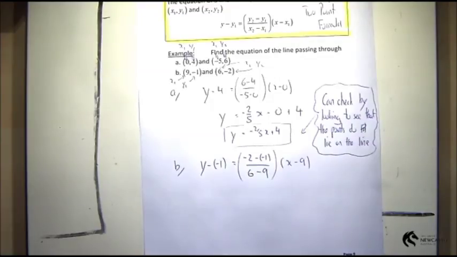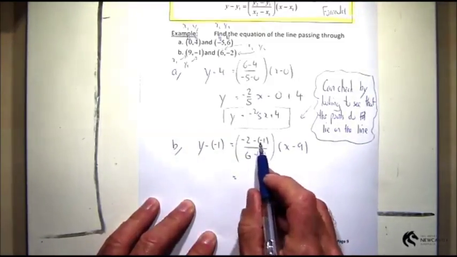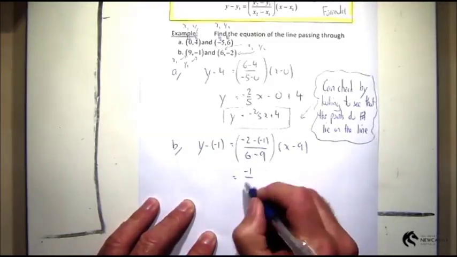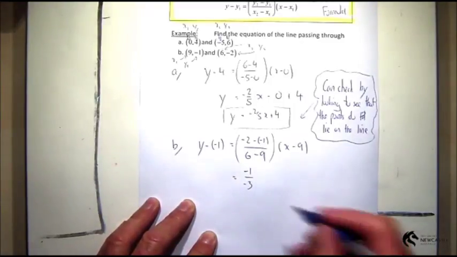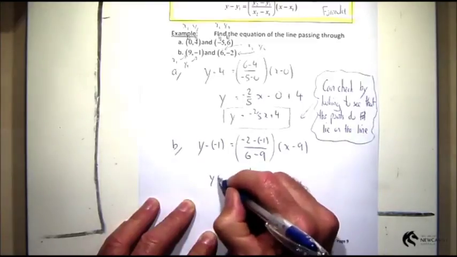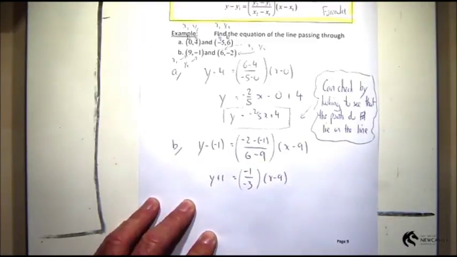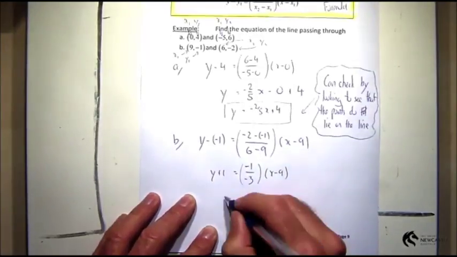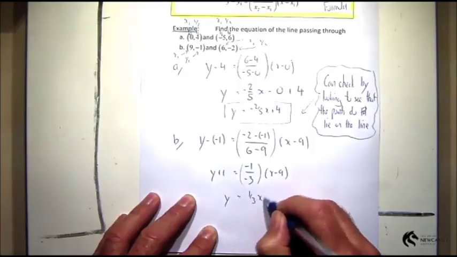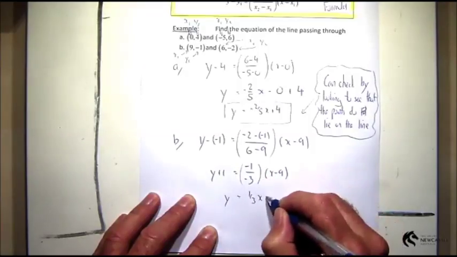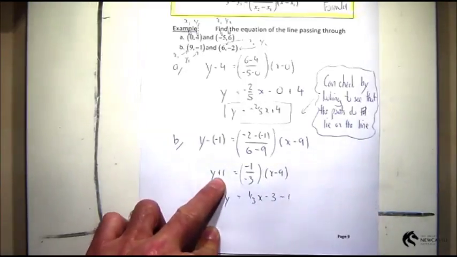So in here, this will become, now -2 minus -1 is -1, 6 minus 9 is -3. In there. This will be y plus 1, and this is x minus 9. And so I have, now that's 1/3, so this is 1/3 x, now that's 1/3 times -9 is -3, and over here I have -1.